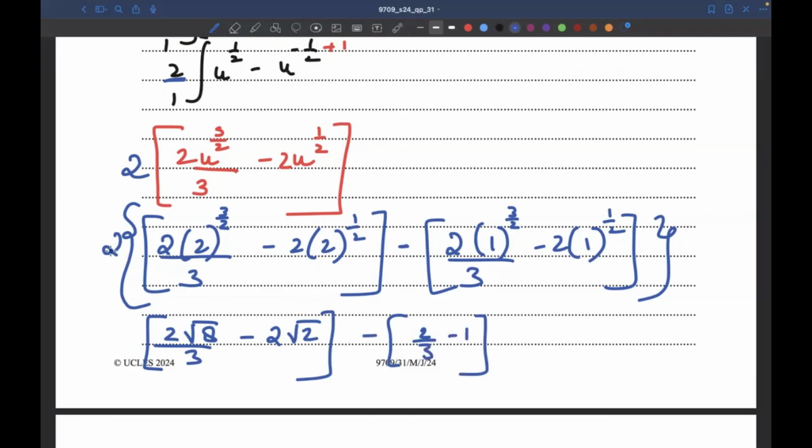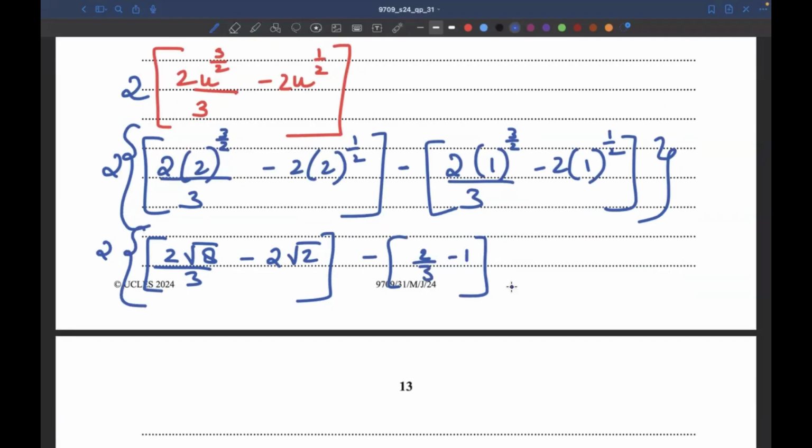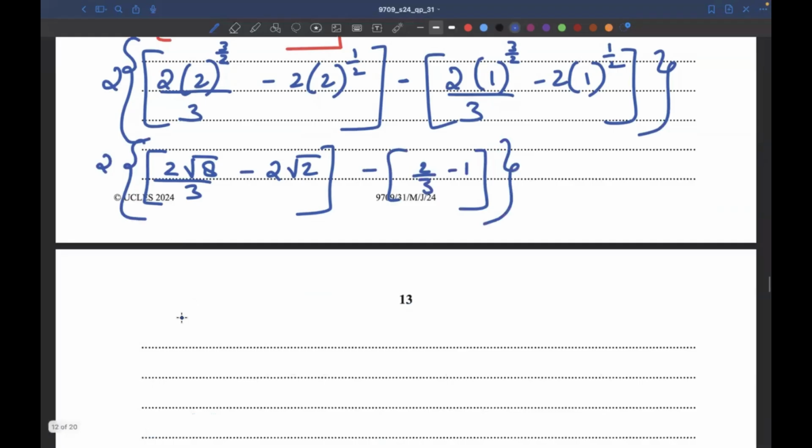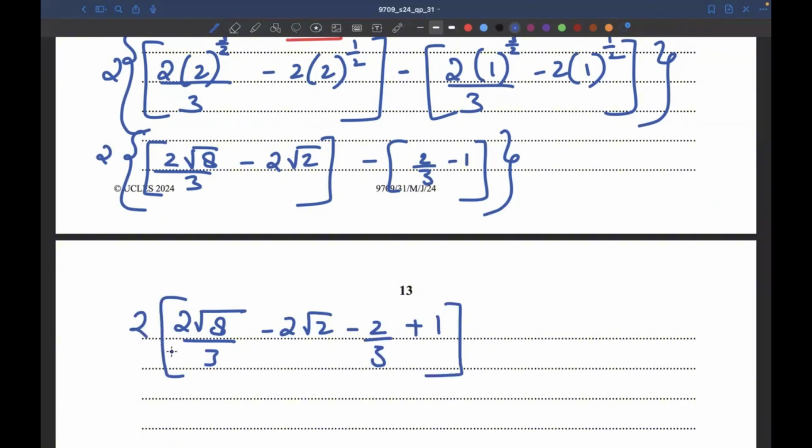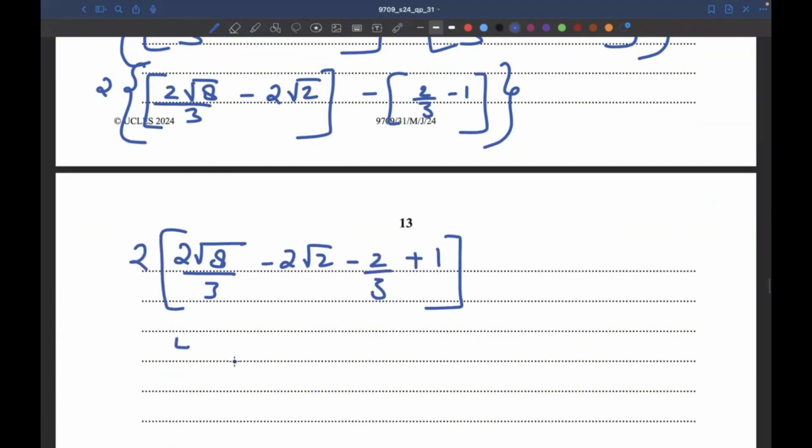And then in the end, we'll multiply the whole thing by 2. Now simplifying this, we'll get 2 root 8 upon 3 minus 2 root 2 minus 2 upon 3 plus 1. And now multiplying this whole thing by 2, we'll get 4 root 8 upon 3 minus 2 root 2 minus 2 upon 3 plus 1.